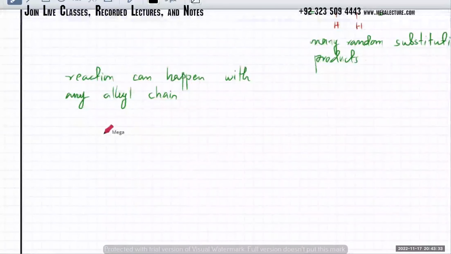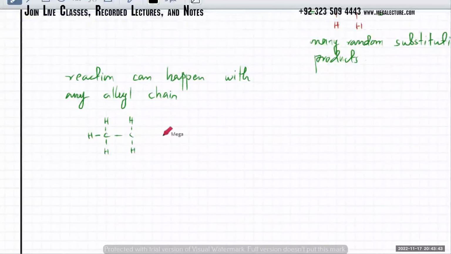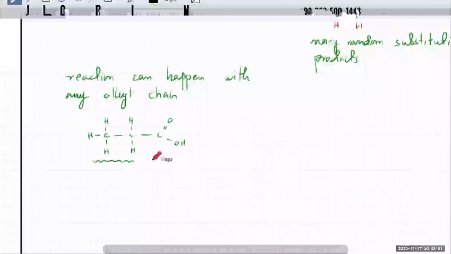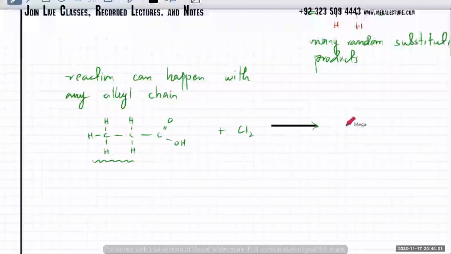Any carbon chain kind of looks like an alkane, except a functional group comes in the middle. So if I have a carboxylic acid, ignore the carboxylic acid; this part definitely looks like an alkane, right? So that will also undergo this free radical substitution reaction, again with ultraviolet light.